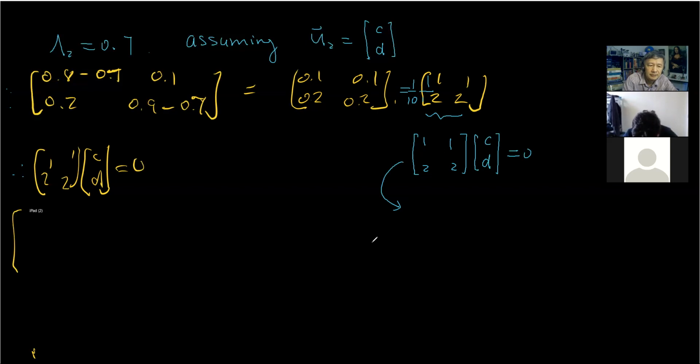You don't have to write the matrix form, you just write the algebra form now. So 1C plus 1D equals 0, and 2C plus 2D equals 0 as well. That is a simultaneous equation, and we can solve that.